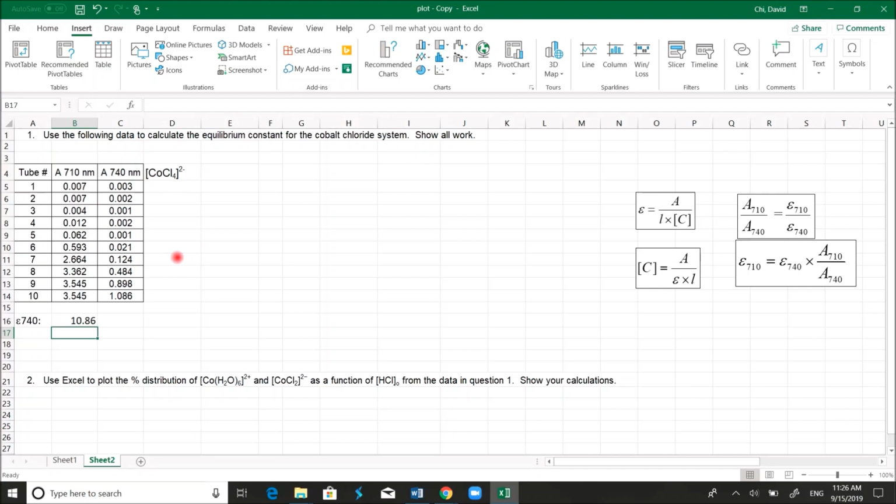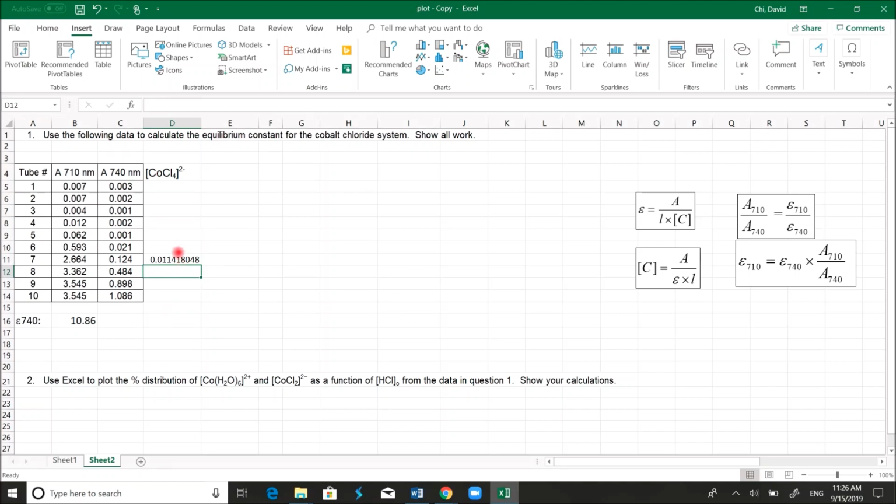For example, in number 7, we type equal, and we use this equation: the concentration equals the absorbance here divided by the extinction coefficient, 10.86, divided by 1 centimeter.